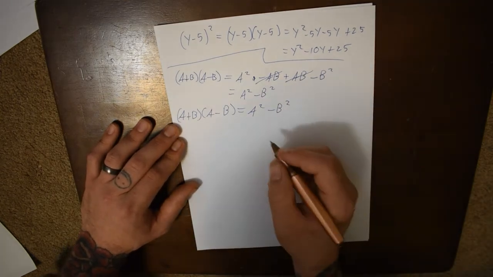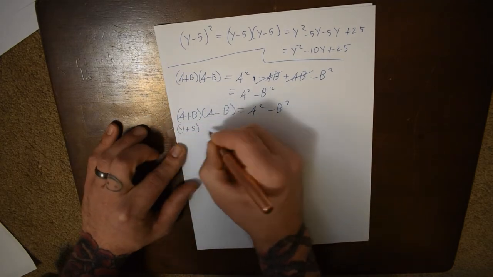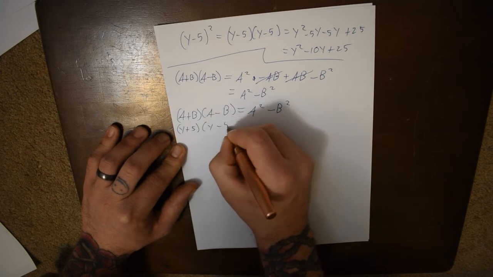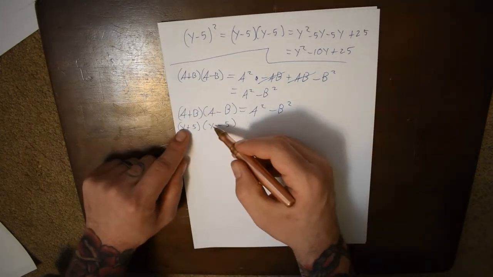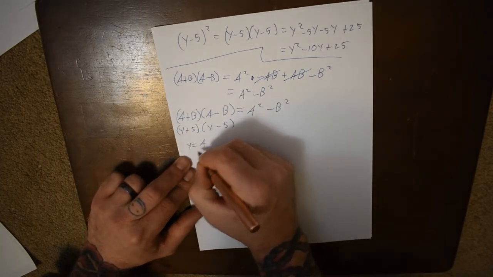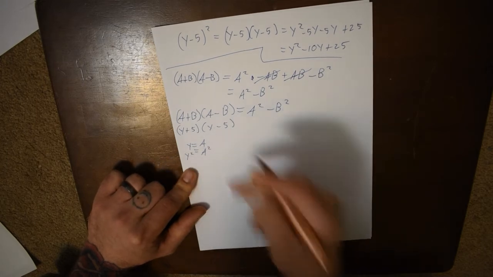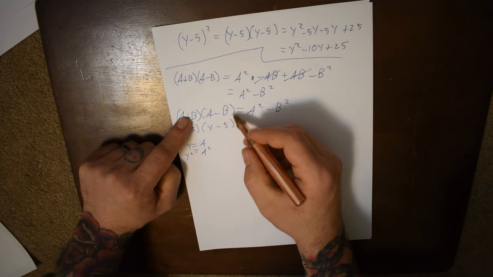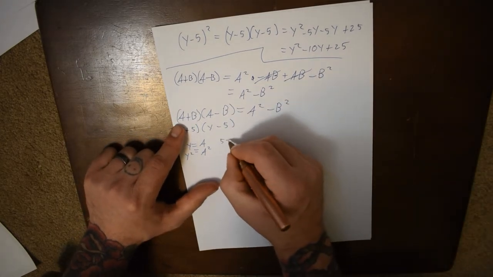So if we wanted to multiply (y plus 5) times (y minus 5), well, we see that y is acting like a, so we get that y is equal to a. We square both sides, that means a squared is equal to y squared, and b is acting as 5, so we get 5 is equal to b.